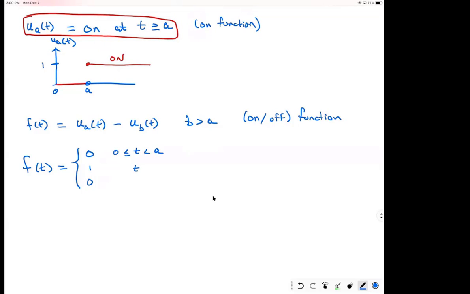Then it is engaged when t is in between a and b. And it is off again when t is bigger than or equal to b. So this would be your on-off situation.